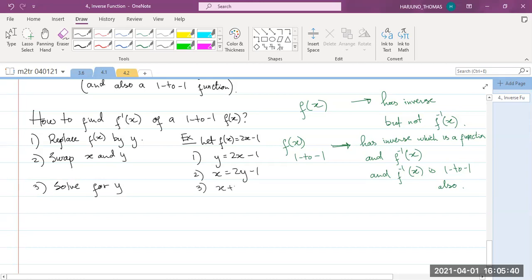So x plus 1 equals 2y, y equals (x plus 1) over 2. And step 4, the last one, replace y by f inverse x.